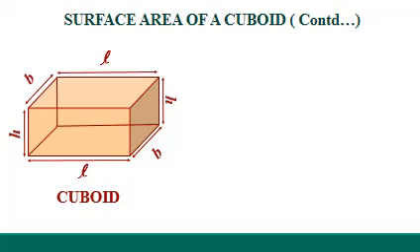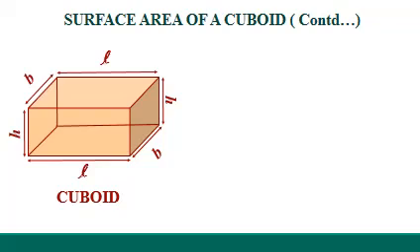So now, let's focus on the upper surface of a cuboid. If we are supposed to find out the area, of course, we are going to take the product of two dimensions of the upper surface.